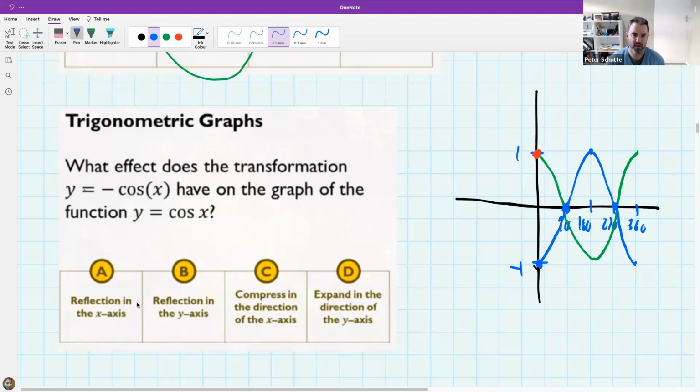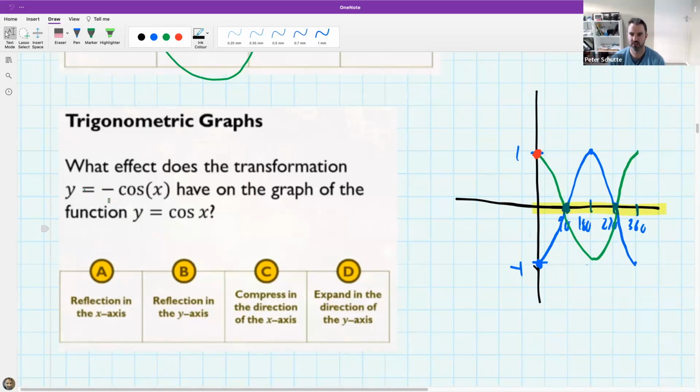So which one do we think is correct? Well, I think this gets reflected in the x-axis. If I look at it visually, it looks to me like everything gets reflected over the x-axis. So even though the sign in front of the y is changing, it's the opposite axis that is affected, which is a good rule of thumb. If you change the sign in front of one axis, it's the other one that is going to be reflected over.